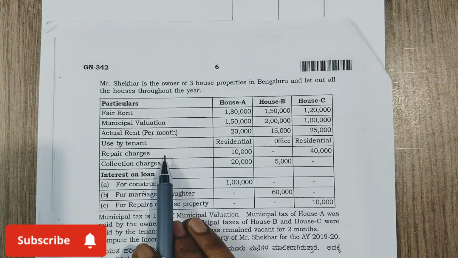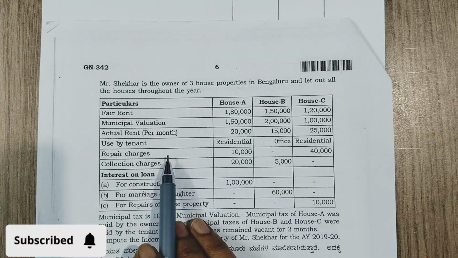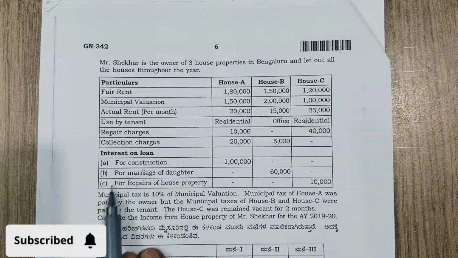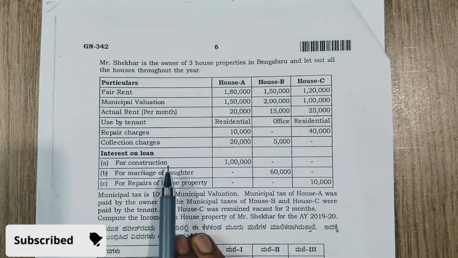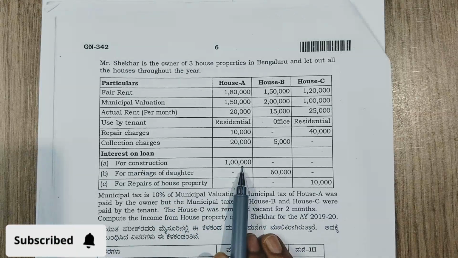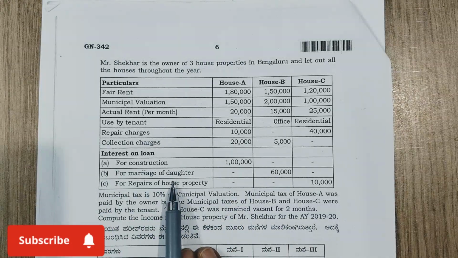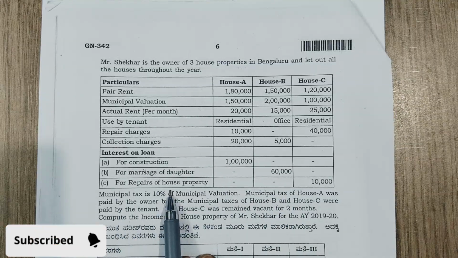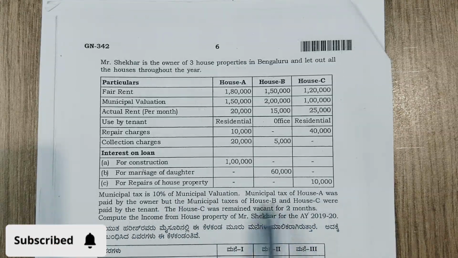See, these are the expenses which we are not going to show under the house property. Interest on loan for construction will come under the deductions. For marriage of daughter is personal, this won't be considered. For repair of house property, this will be considered.